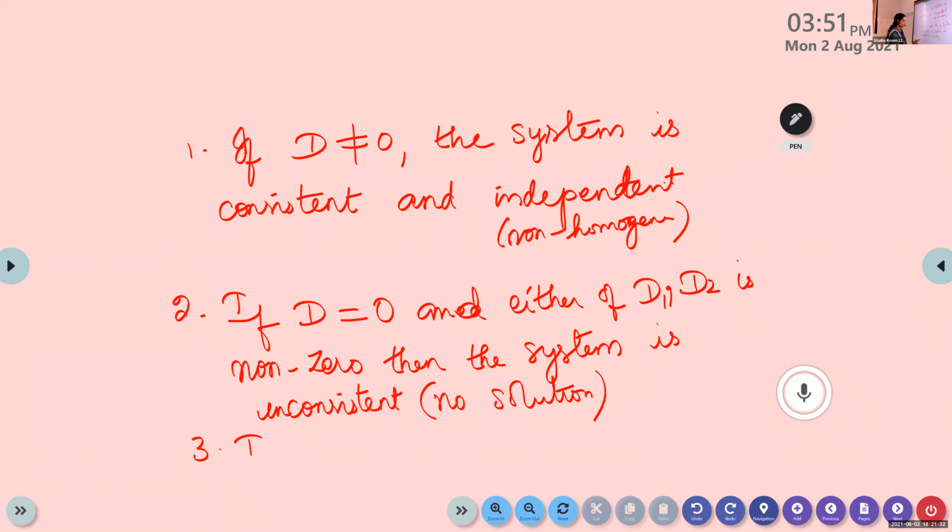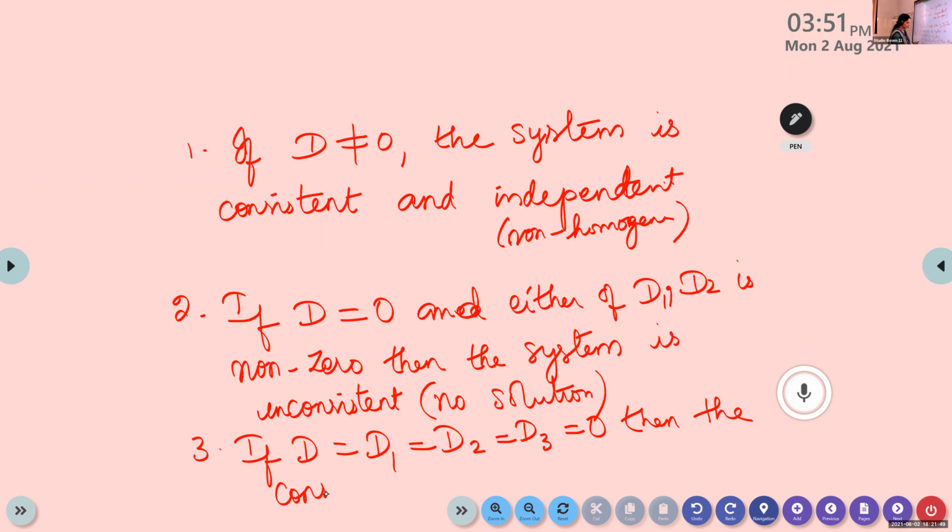Third one: if D is equal to D1 is equal to D2 is equal to D3, everything 0, then we can say the system is consistent, and the solution is dependent.